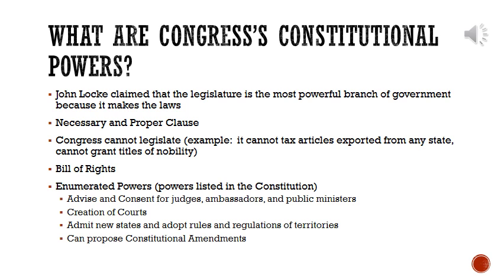There have been times where we have had as many as 11 judges on the Supreme Court, and times where we've had as few as 6 or 7 judges on the Supreme Court. Congress has that power. Congress also has the power to admit new states and adopt rules and regulations for territories, and they can also propose constitutional amendments. Now, they cannot ratify constitutional amendments. That's up to the states, but they can propose constitutional amendments.